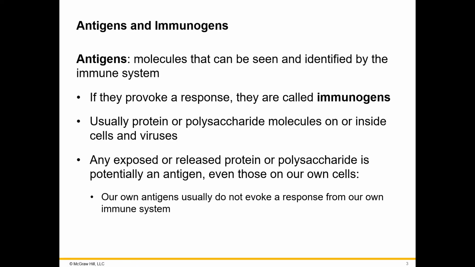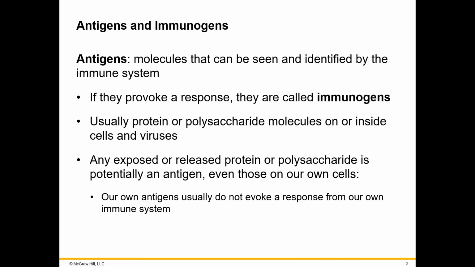Now, these molecules are usually protein or polysaccharide molecules, and they're either on or inside all cells and viruses, including our own cells. If you have different environmental chemicals, those can also serve as antigens. So any exposed or released protein or polysaccharide is potentially an antigen.